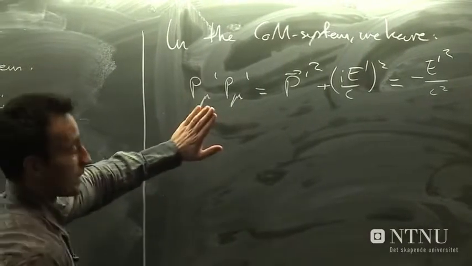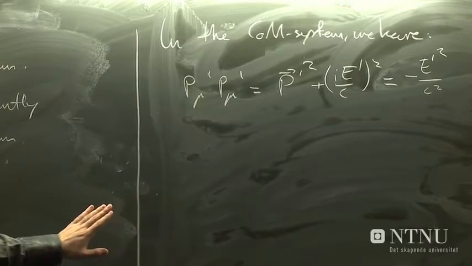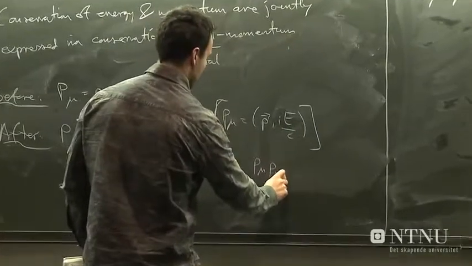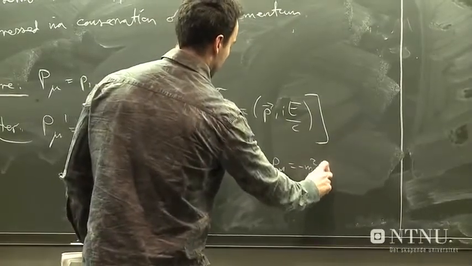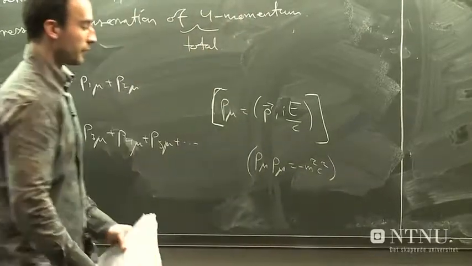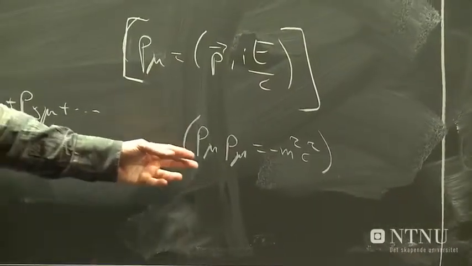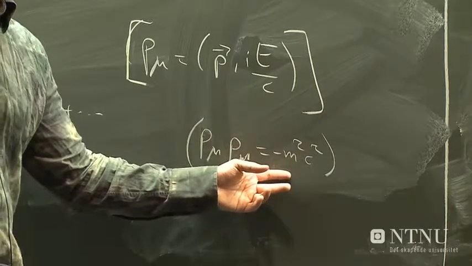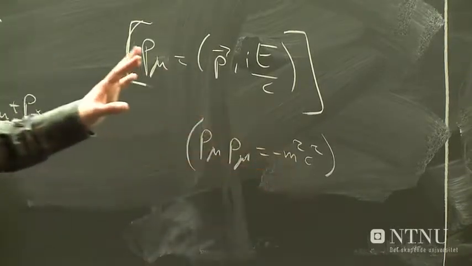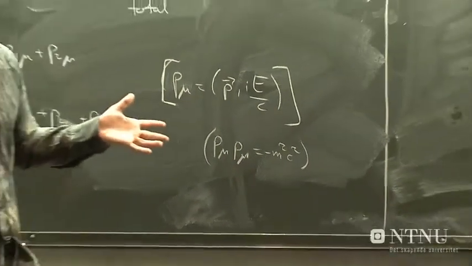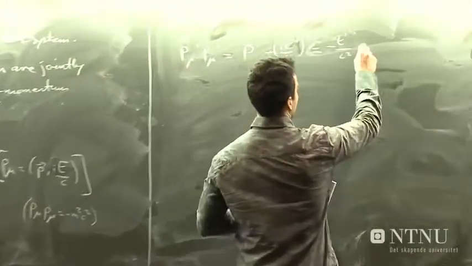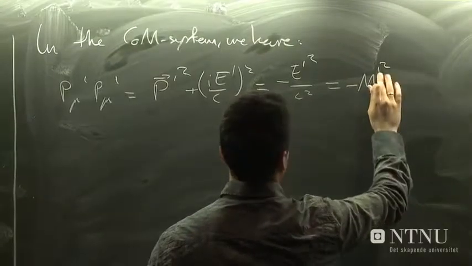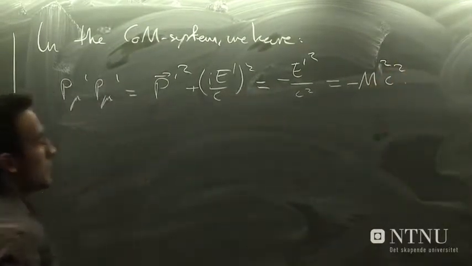Now we do know that this is an invariant quantity, and if you have the four-momentum p mu of some particle, then squaring this four-vector gives you this in general. And hence, we should be able to, at least for notation, write it like this.